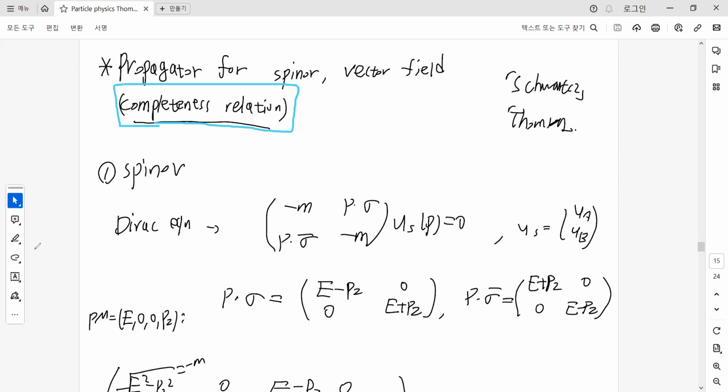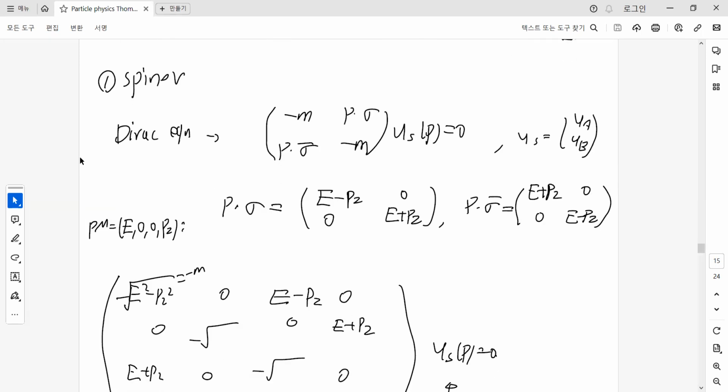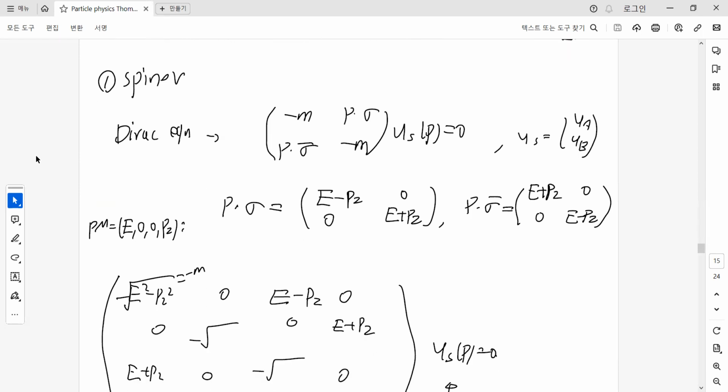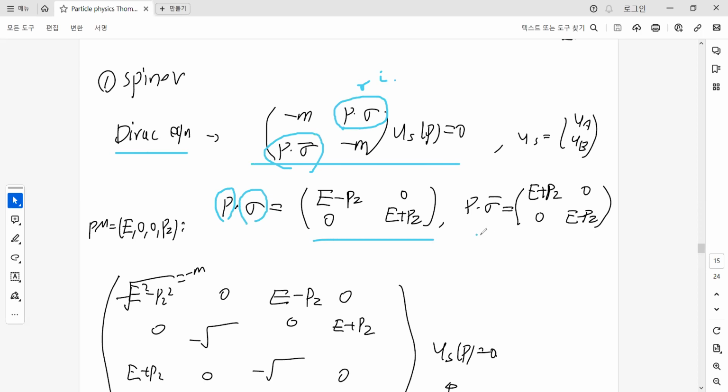So first of all, in the spinor case, we want to obtain the completeness relations for all possible spins. The free spinors follow the Dirac equation, and in the two-component representation, the Dirac equation is written with the Pauli matrices from the gamma matrices, gamma i, and the mass m, with the inner products between the momentum and the Pauli matrix given like that.